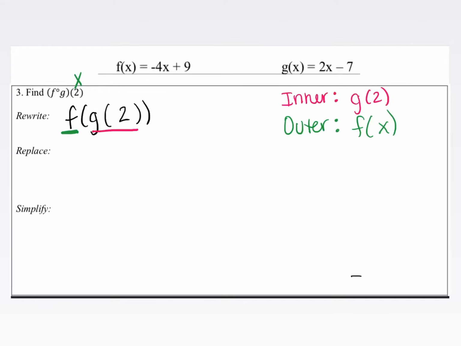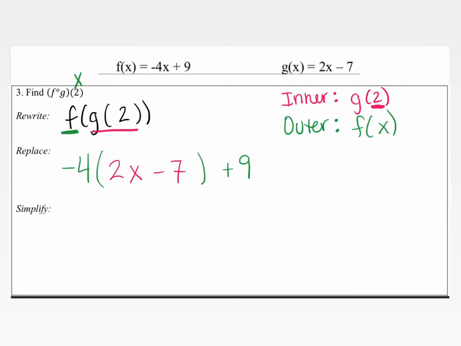We can use our f of x as our outline though, which is negative 4 times something plus 9. Now that times something is really our inner function. So our inner function is 2x minus 7. However, like we mentioned here, instead of an x, we actually have a 2.